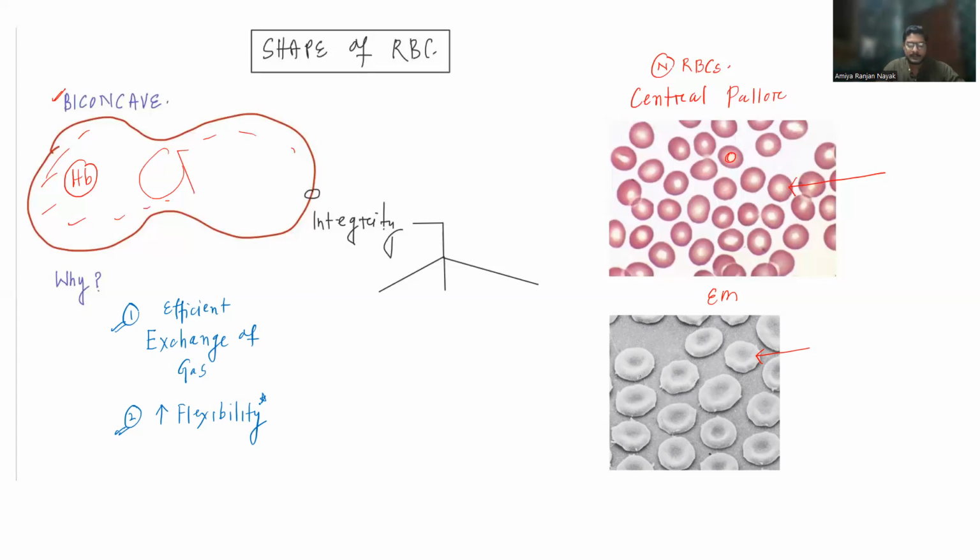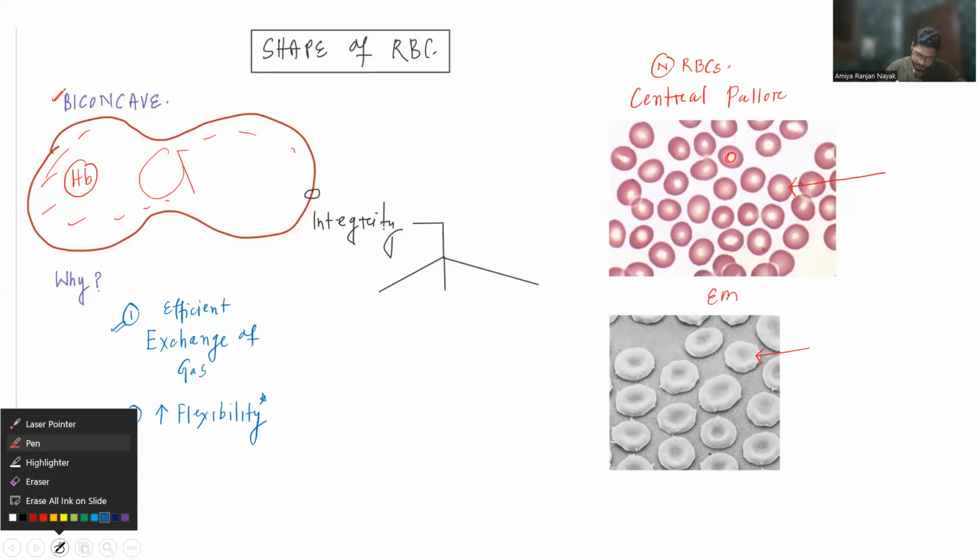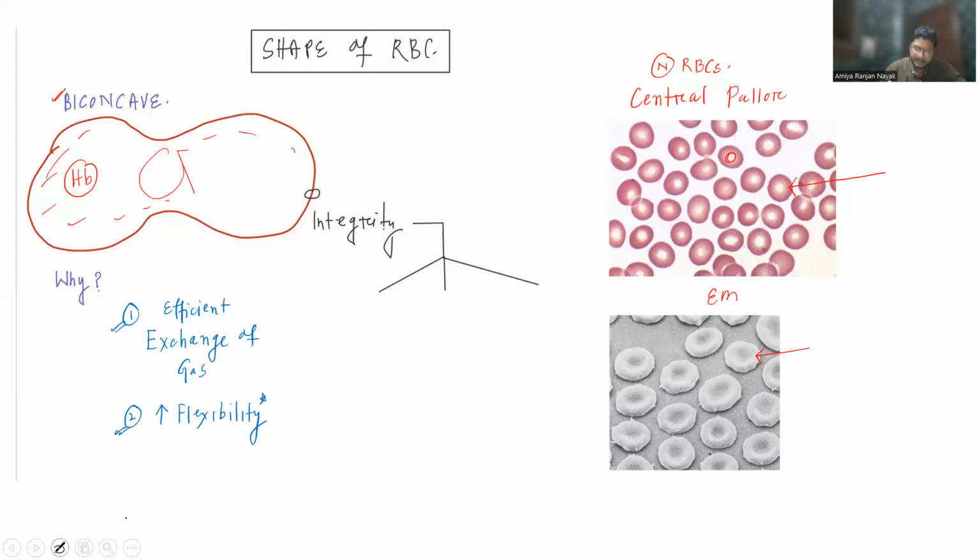Now we will understand what are the factors which maintain the integrity of this cell membrane. The RBC cell membrane, like any other cell membrane, is a phospholipid bilayer, and the integrity is maintained by three important factors. The most important factor is the cytoskeletal proteins, or the cytoskeleton.